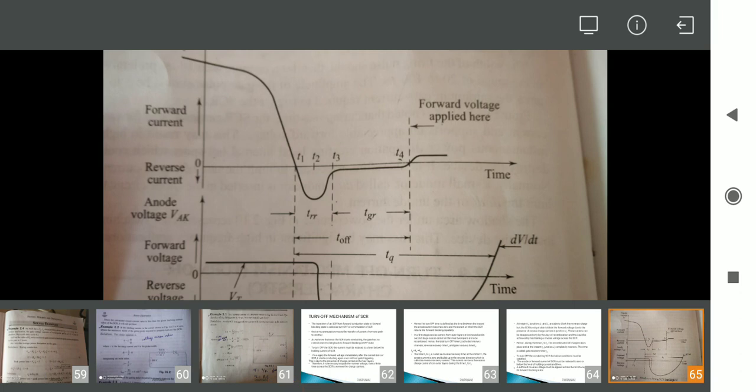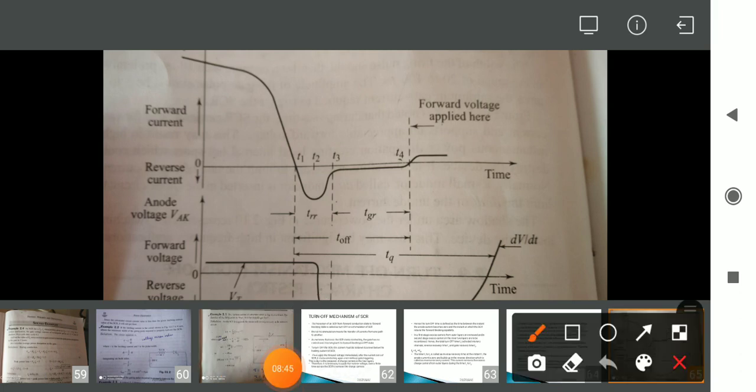At instant T3 over here, the junctions J1 and J3 are able to block the reverse voltage, but the SCR is not yet able to block the forward voltage due to the presence of excess charge carriers in junction J2. So, in this time period, the excess charge carriers from junctions J1 and J3 are removed, but it is not able to block the forward voltage due to the presence of excess charge carriers in junction J2.